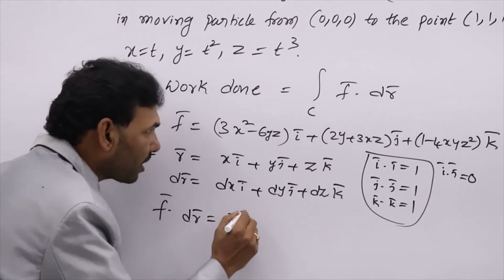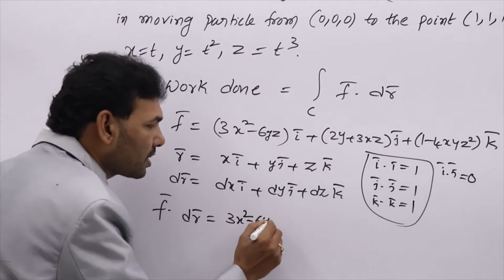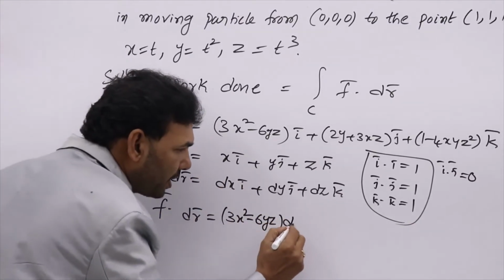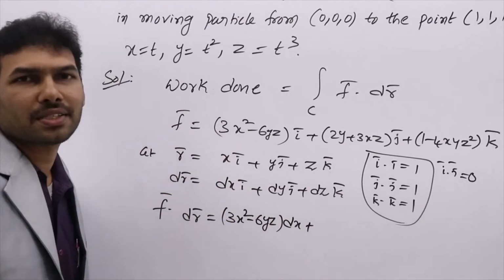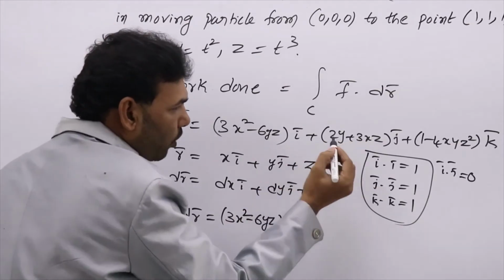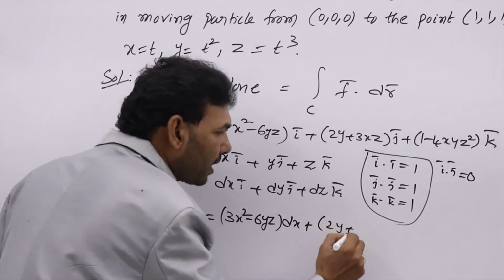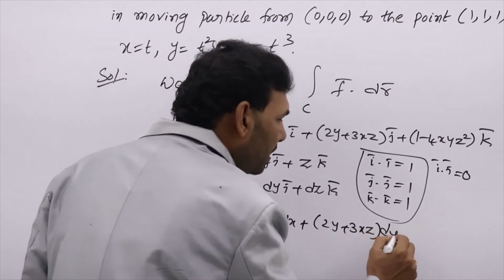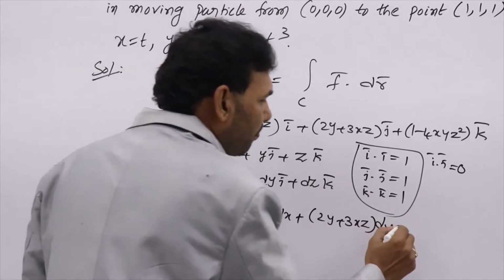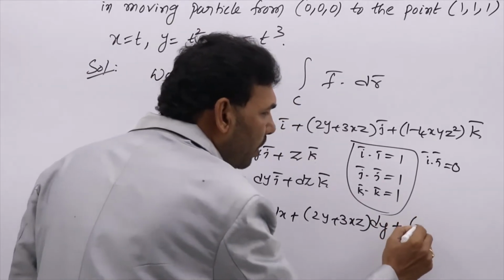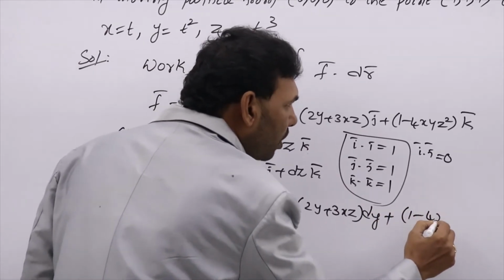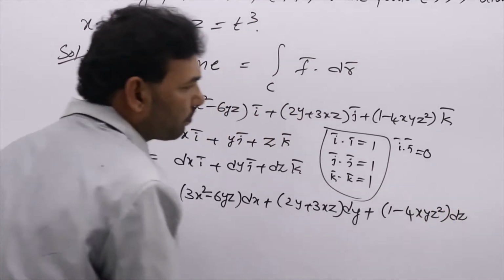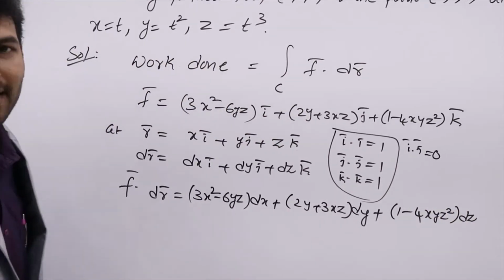3x square minus 6yz, i dot i is 1, what will you get? dx, plus j coefficient 2y plus 3xz dy, plus 1 minus 4xyz square dz. So this is f bar dot dr bar.